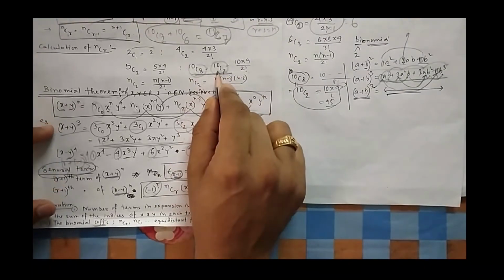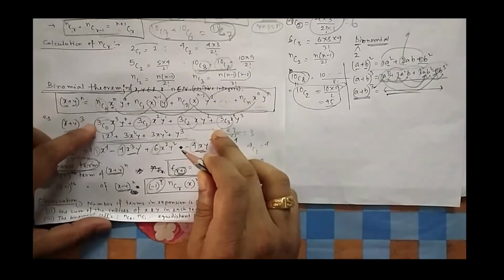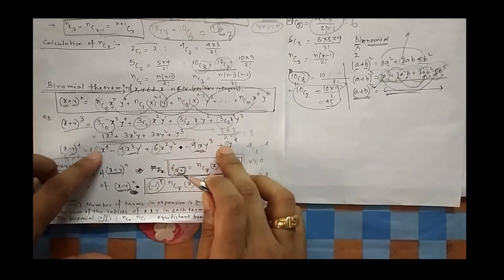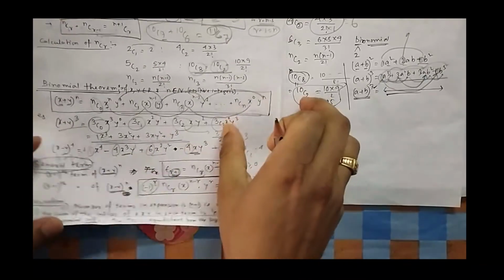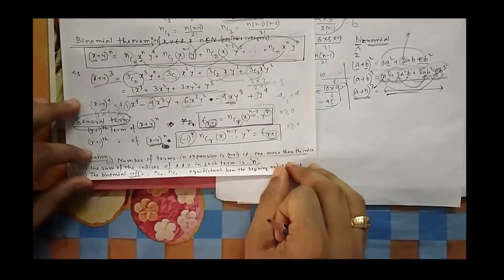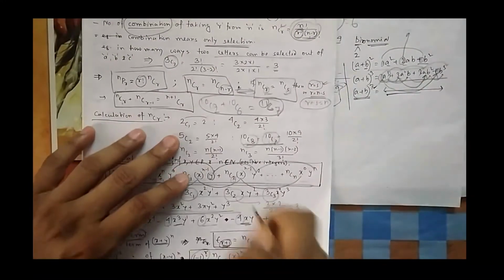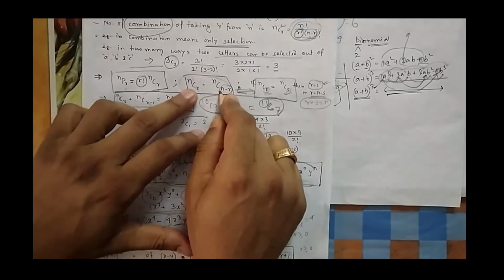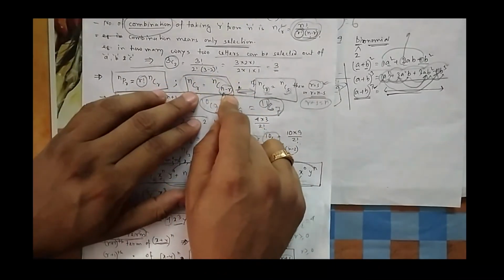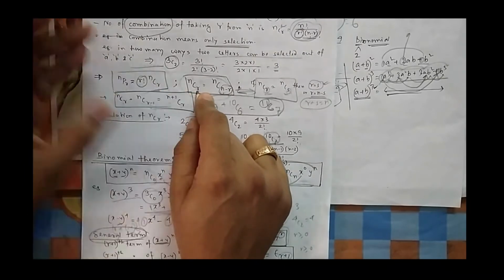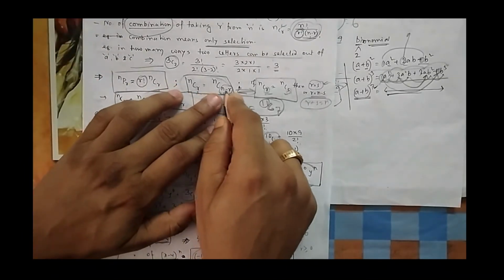We have seen this is the property of C. Here also you have seen these 1 and 1 are equal, 4 and 4 are equal, and this 6. So binomial coefficients that are equidistant from the beginning and the end will be equal. Why this? Because of this beautiful property of nCr. r from the beginning and r from the end. If it is 2 from the start, then from the end it will be n minus 2.